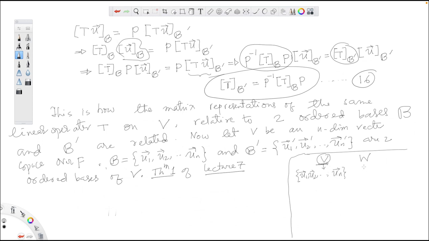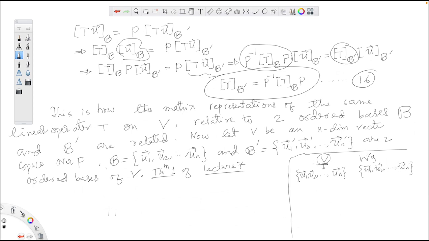Then we choose any n vectors from this second vector space, which may be infinite dimensional, we don't know. So W1, W2 all the way up to Wn.